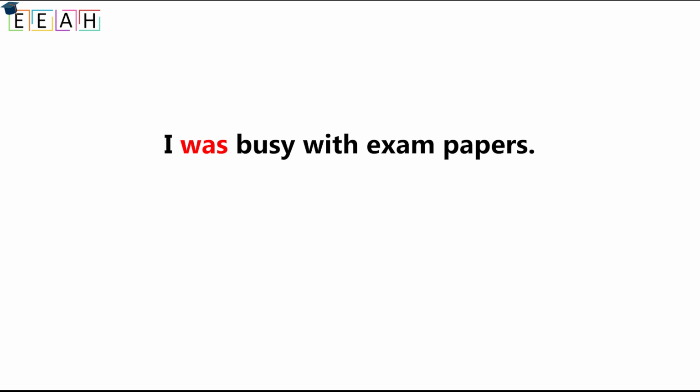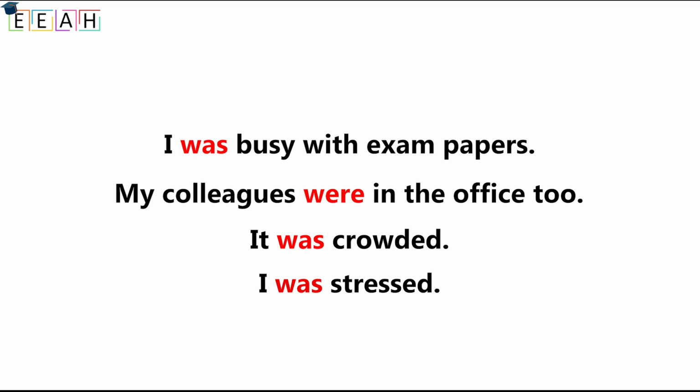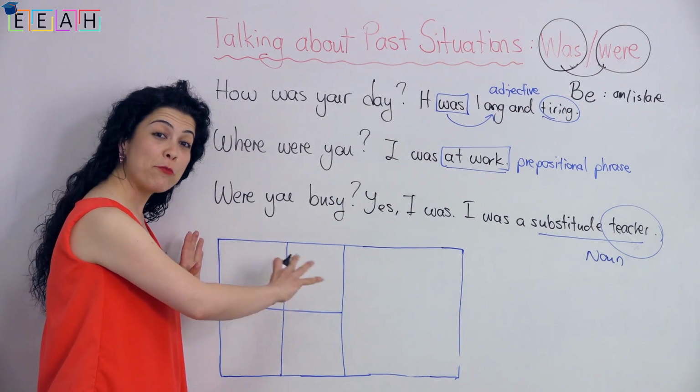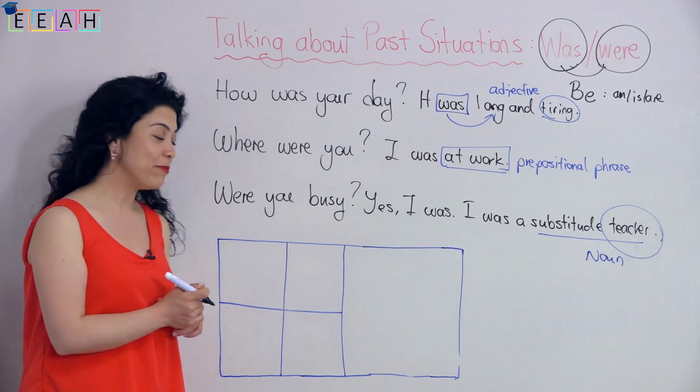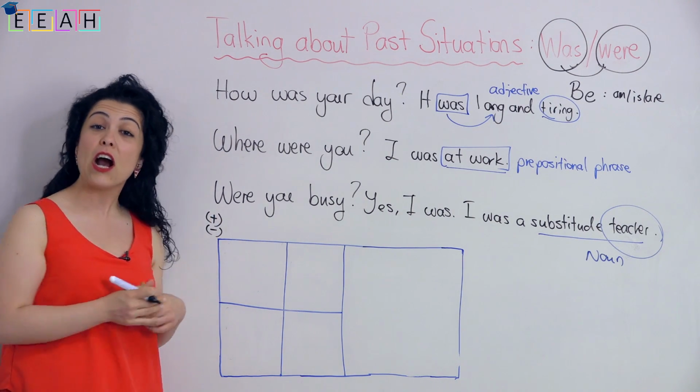I was busy with exam papers. My colleagues were in the office too. It was crowded. I was stressed. So these are some other examples with was and were. Let's fill in this chart and form a formula for was and were. If you want to form a positive or a negative sentence, how do you start?